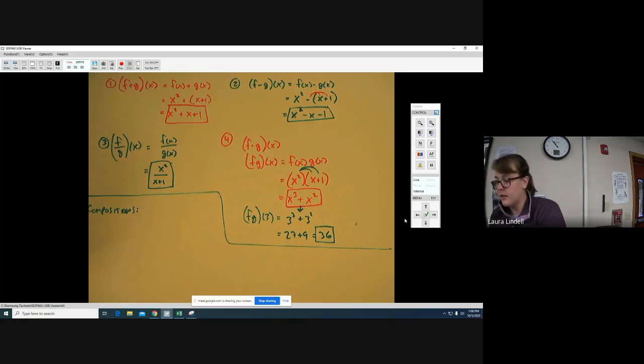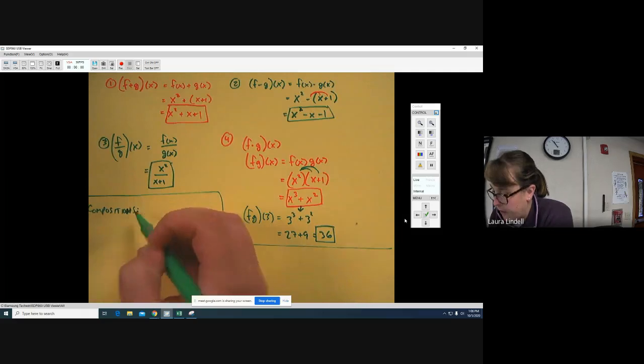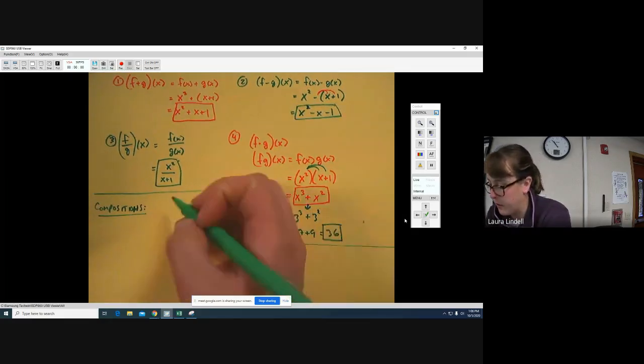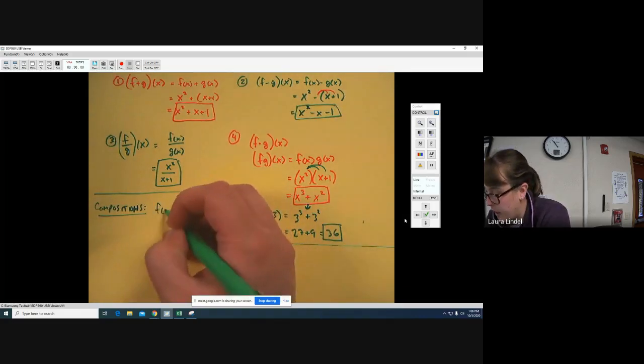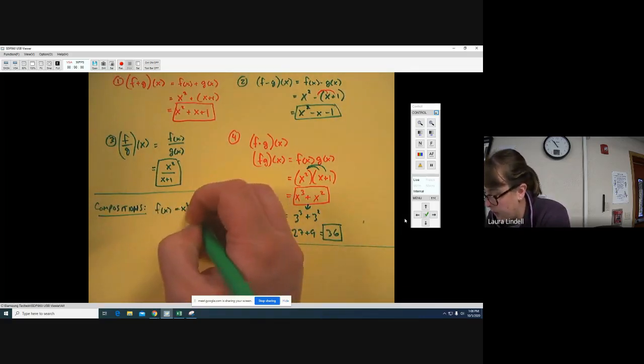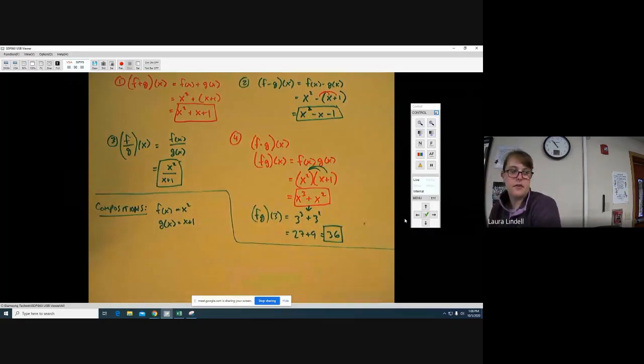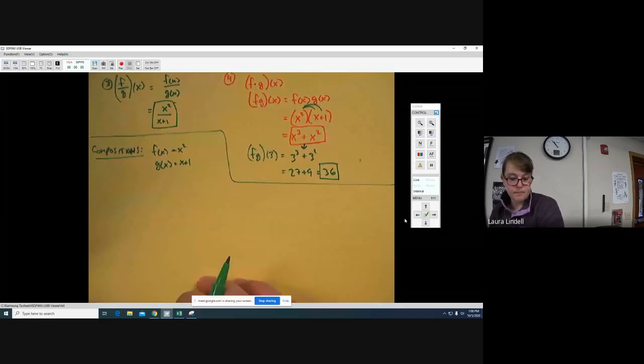And we're going to use the same f of x and g of x as we did up here to show how we would do these. So f of x is still going to be x squared. G of x is still going to be x plus 1, just for the sake of keeping things simple here. Okay.